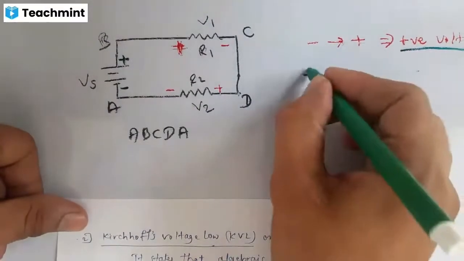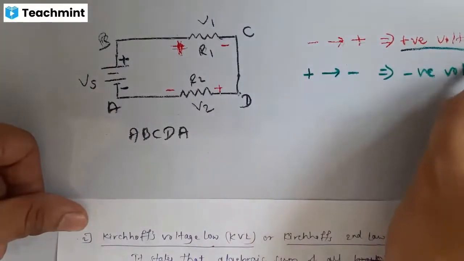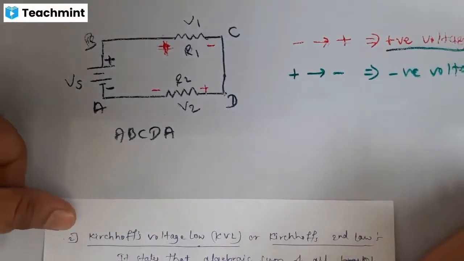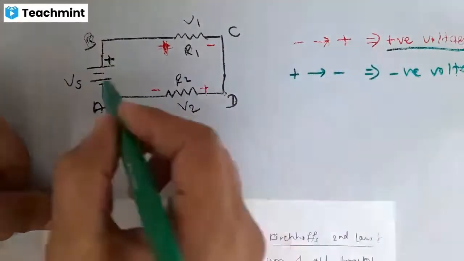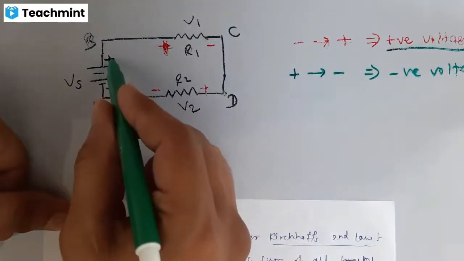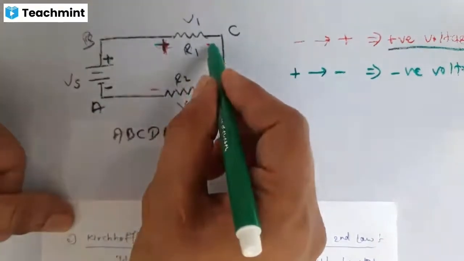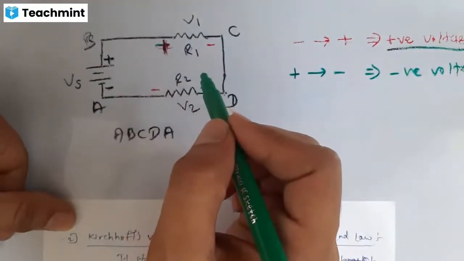From positive to negative, I consider it a negative voltage. You can interchange this, no problem. For my sake, I consider going from negative to positive a positive voltage, and going from positive to negative a negative voltage. I will consider it like that.